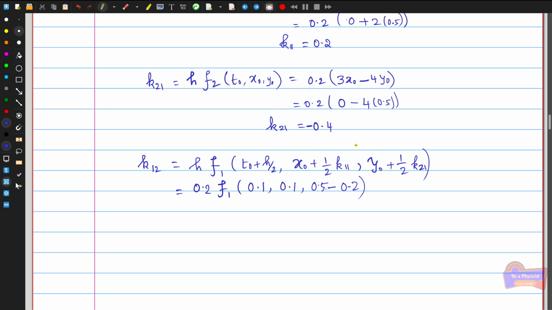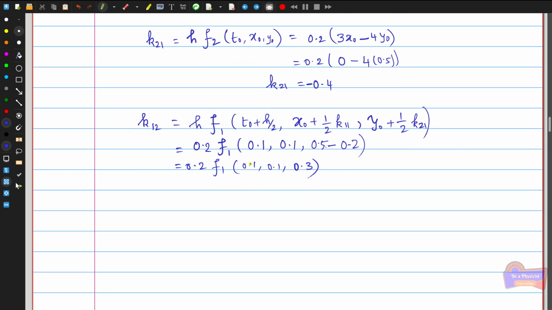Similarly, the initial value y0 is 0.5, and half of the k21 slope, which we calculated as minus 0.4, so 0.5 minus 0.4 divided by 2, you will get 0.3. So calculating this, I can write 0.2 times f1 of 0.1, comma, 0.1, comma, 0.3. So these are all the values of t0, x and y.